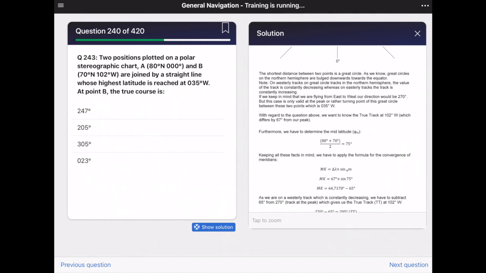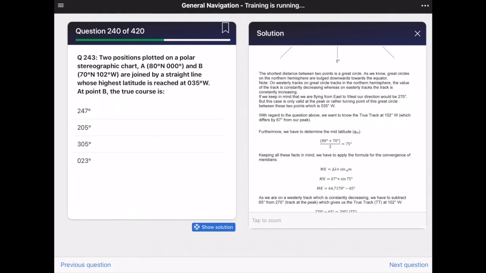Then we have to determine in the next step the mid-latitude, which is calculated by 8 degrees from point A, plus 70 degrees from point B, divided by 2, which is 75 degrees. And in the next step we apply the formula for the convergence of meridians, which is calculated like this: delta lambda times the sine of the latitude, in this case the mid-latitude.